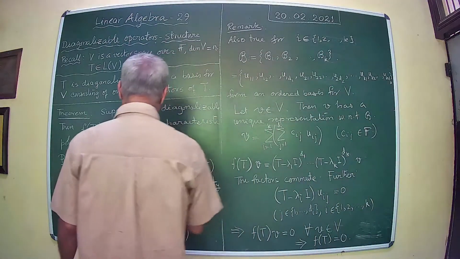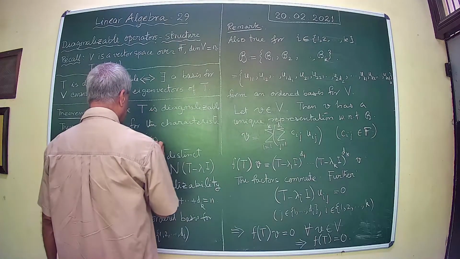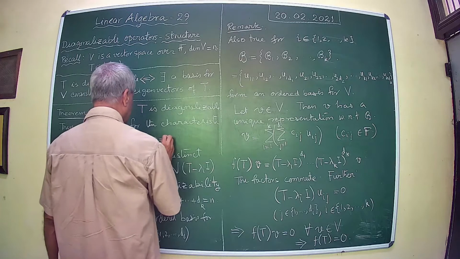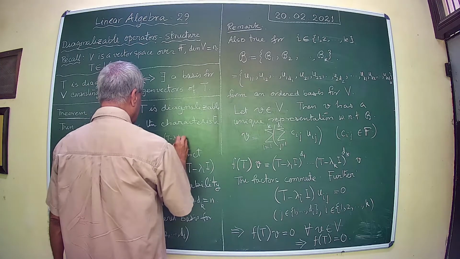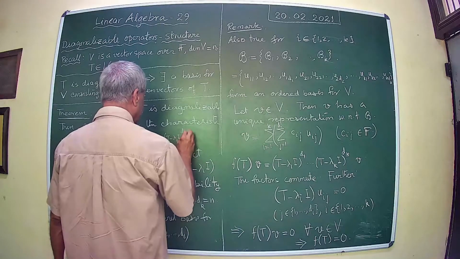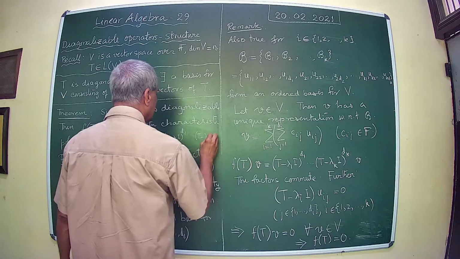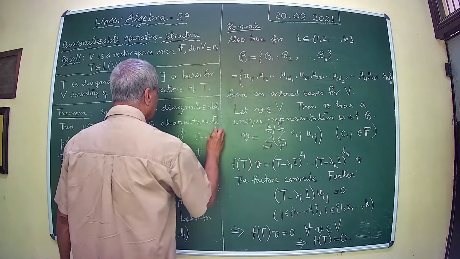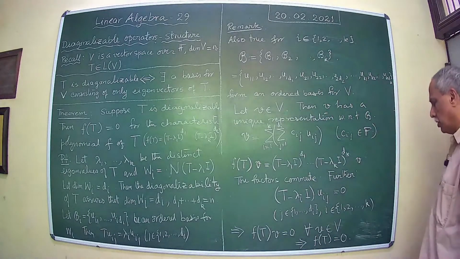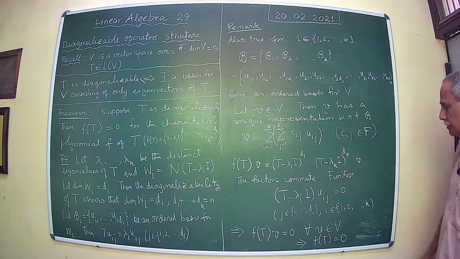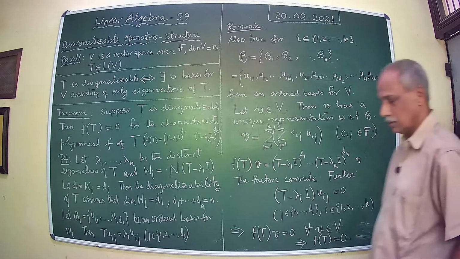So for every v, f(T) v equal to 0, which implies f(T) equal to 0.